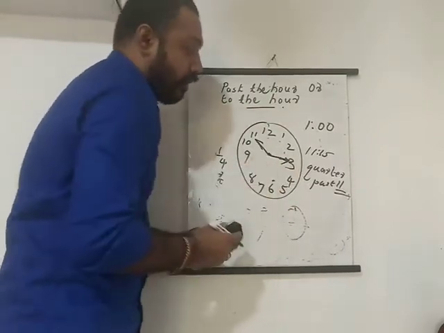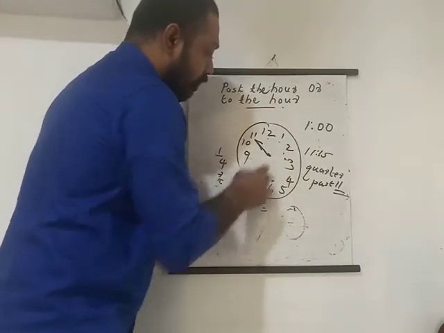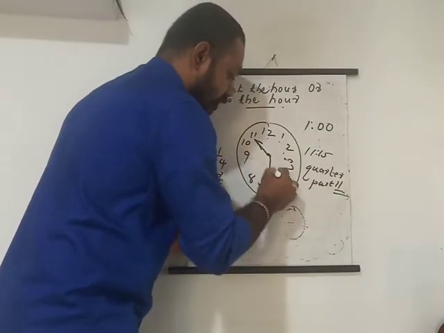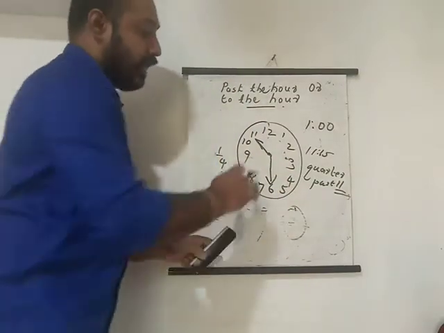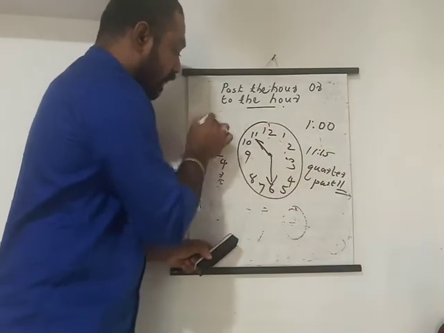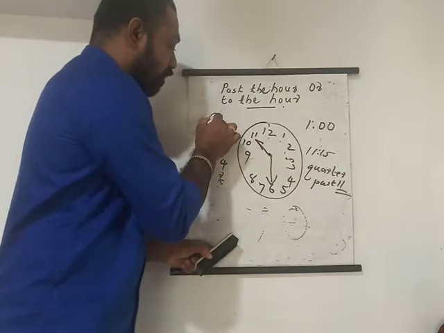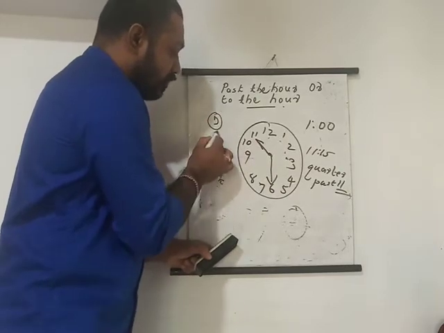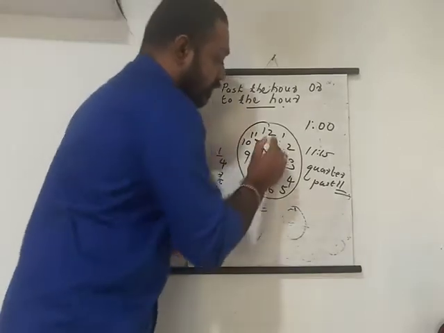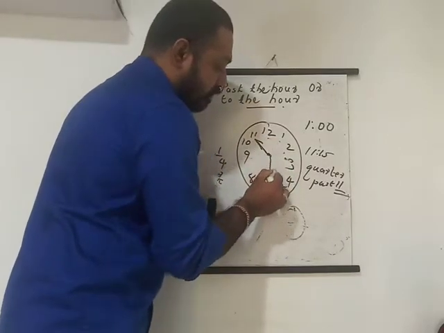Like that, when it is reaching 6, how will we read it? It completes its half portion, isn't it? It starts from 12 and completes its half, means it reaches 6.